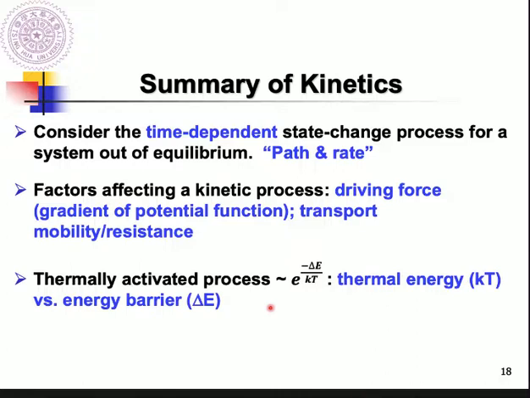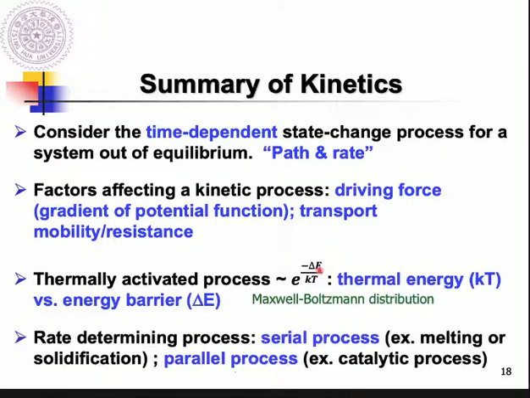Then we can estimate how many atoms have a certain energy of interest by using the Maxwell-Boltzmann distribution. The thermal energy we usually use is kT. If you put kT here, then you know roughly the atom distribution within this system.